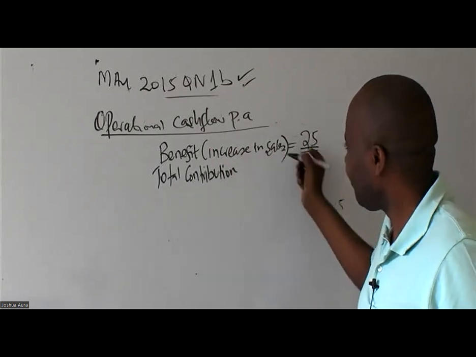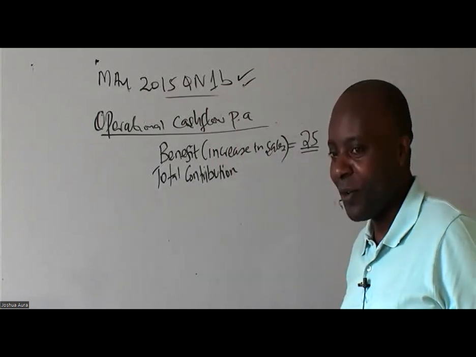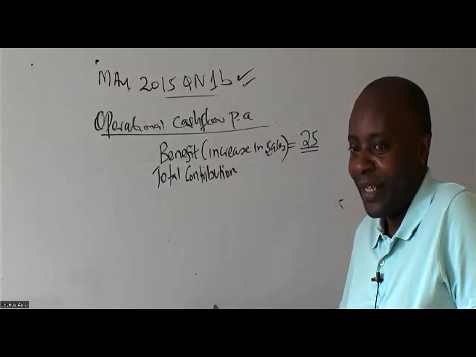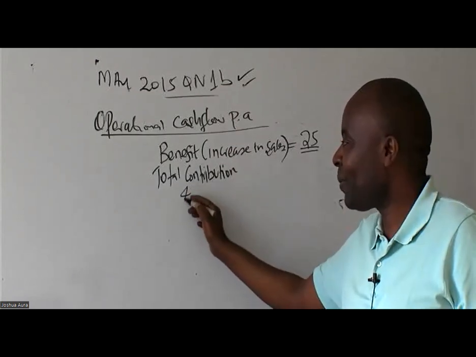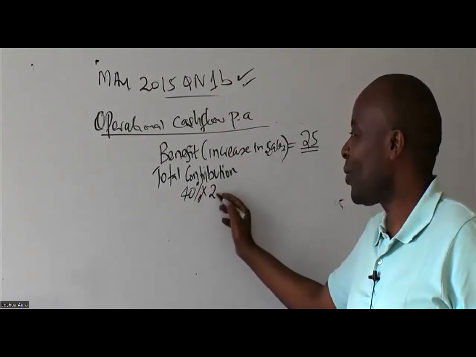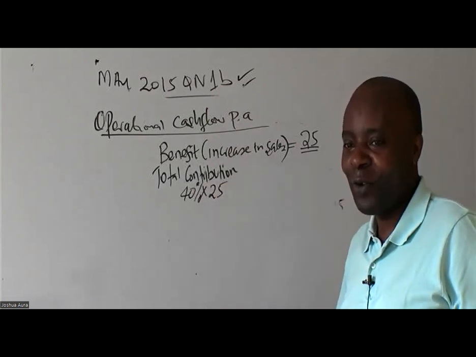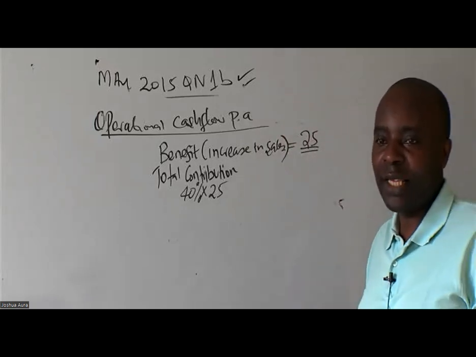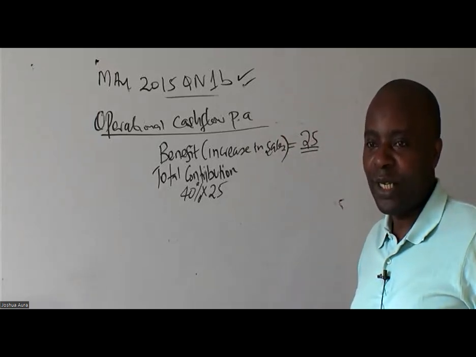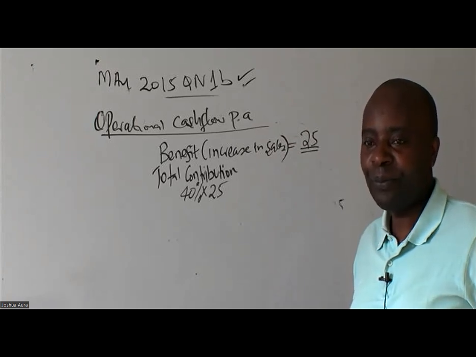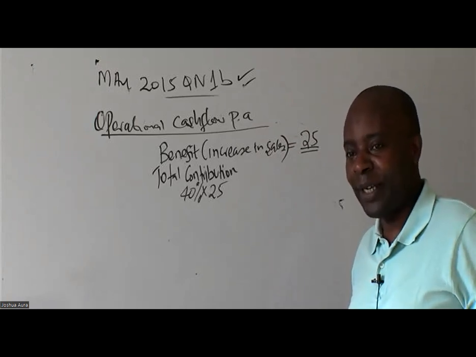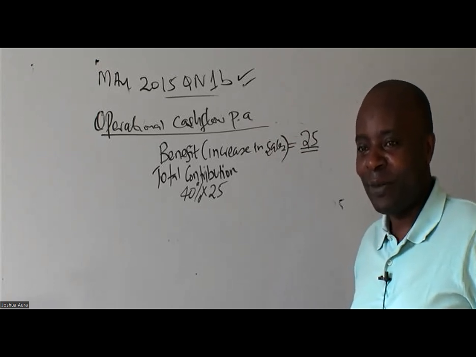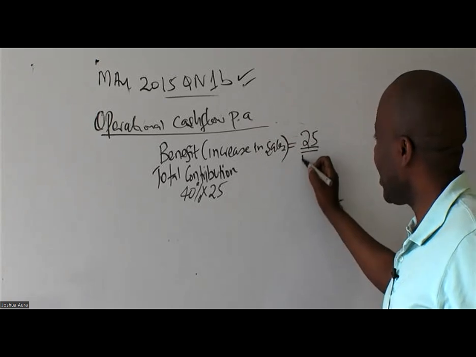I have the contribution percentage, it is 40%, times 25. 40% times 25 gives me what figure? 4 times 25, so this gives me 10 million.